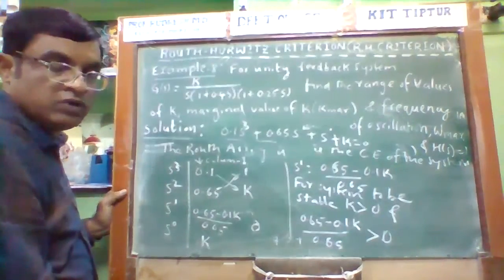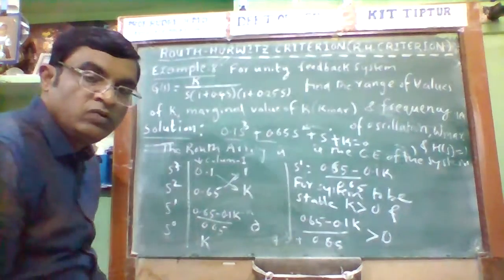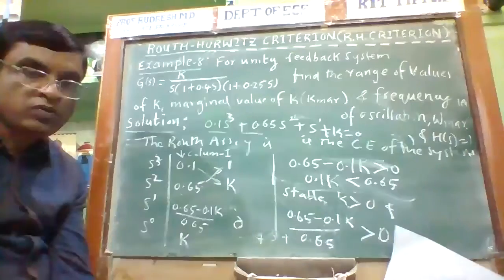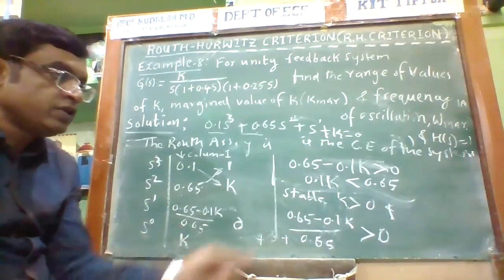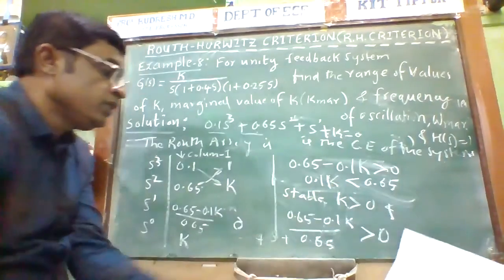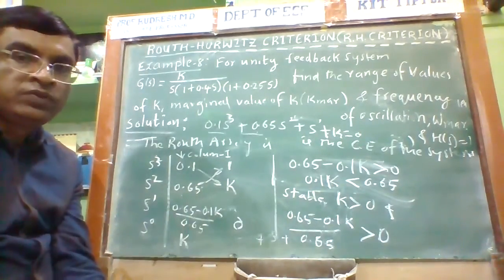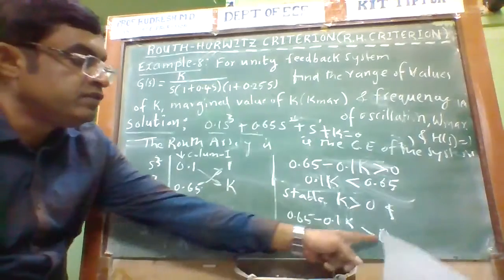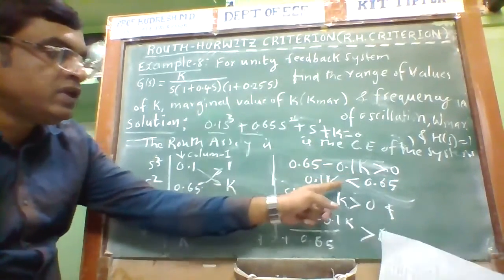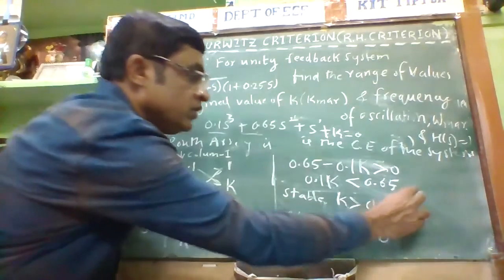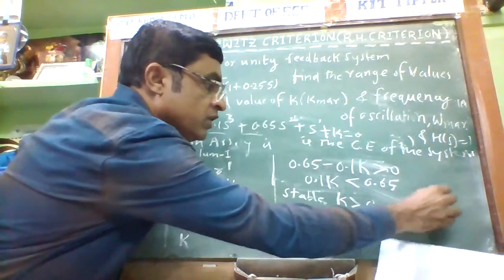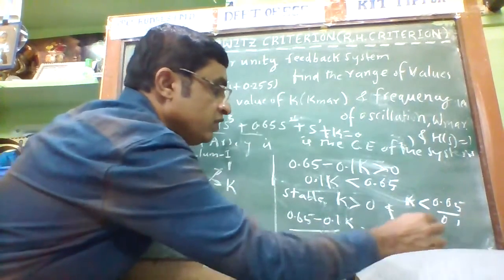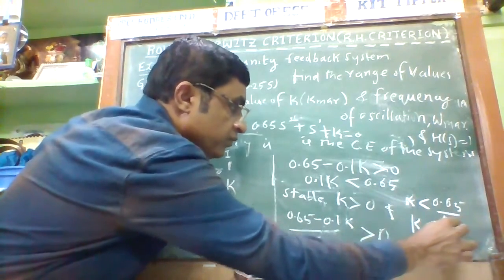Therefore, what will be the values of K? For the system to be stable, K is greater than 0, and 0.65 minus 0.1K is greater than 0. Simplifying, K is less than 0.65 divided by 0.1, therefore K is less than 6.5.